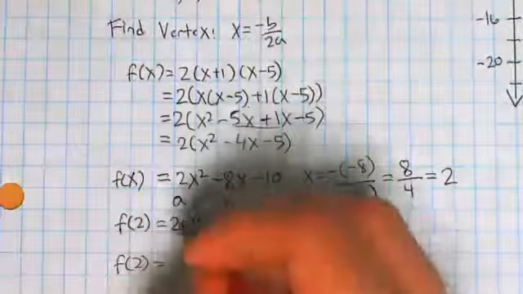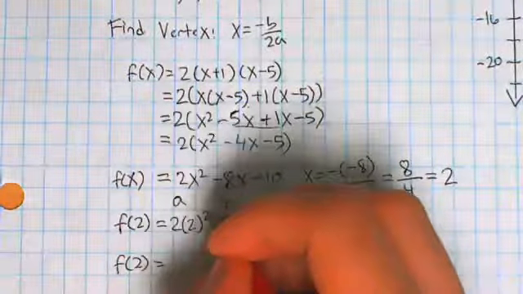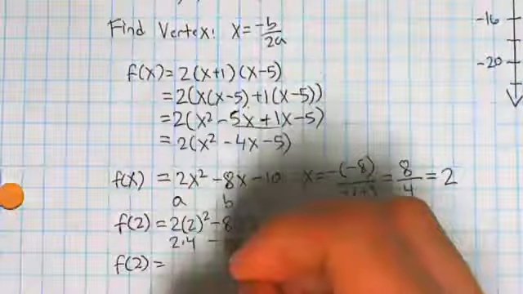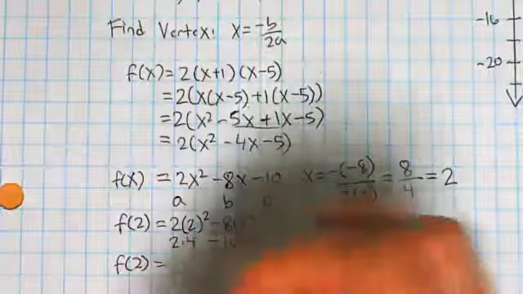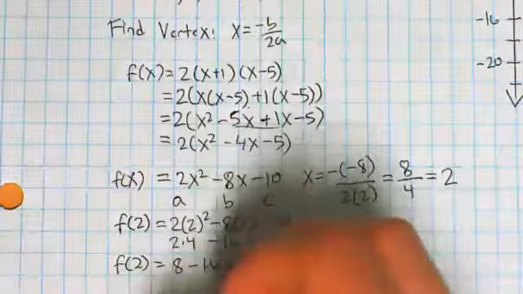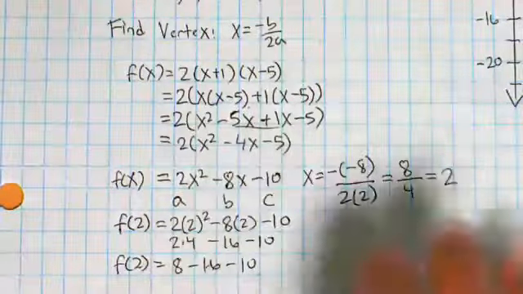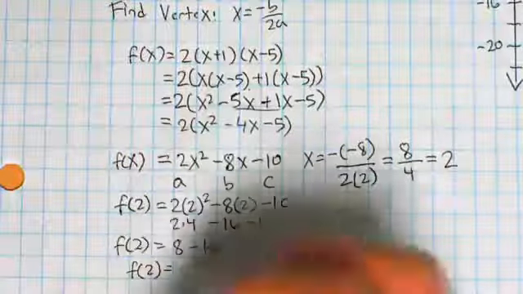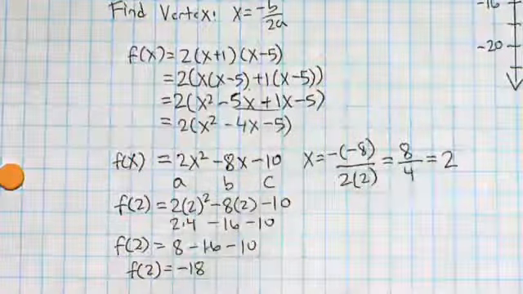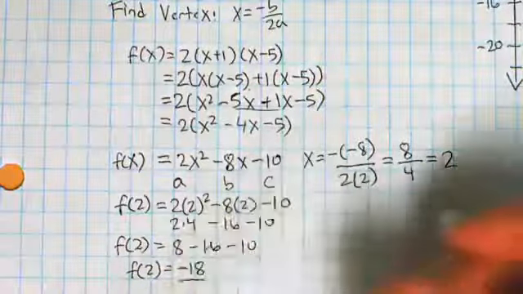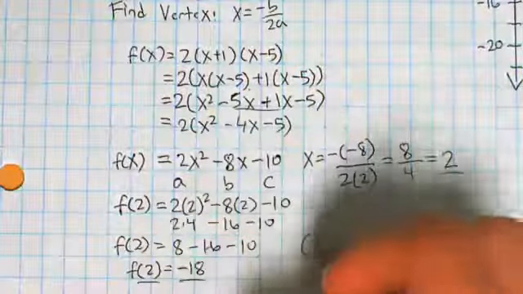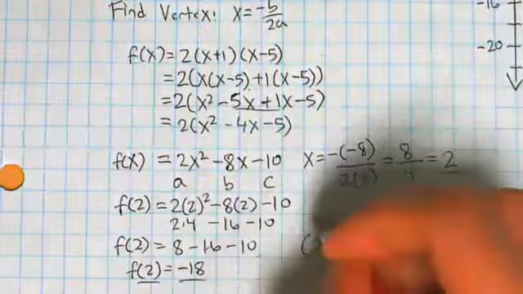All right, 2 times 2 to the second is 4. So this is 2 times 4. 2 times negative 8 is negative 16 minus 10. 2 times 4 is 8 minus 16 minus 10. That would give me f of 2 is equal to negative 18. Okay, so that means my vertex would be 2 comma negative 18.